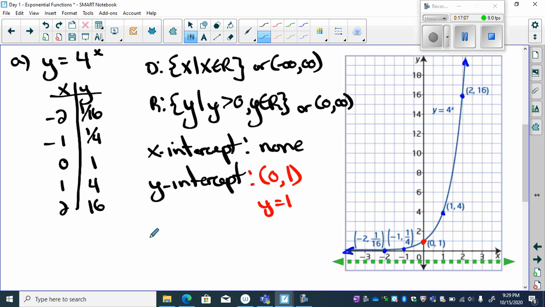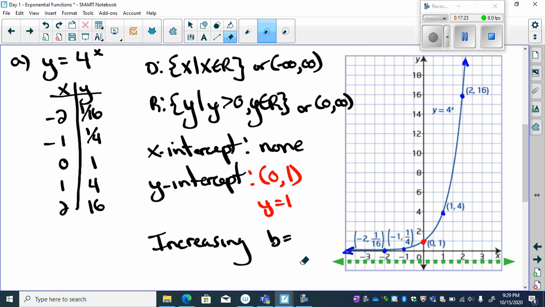In this case, it's increasing. As my x values get bigger, as I move to the right, my y values are also getting bigger. That's why it's increasing. Or we could say the base, not b but c, is equal to 4 in this case, so it's greater than 1. We knew it was going to be increasing.